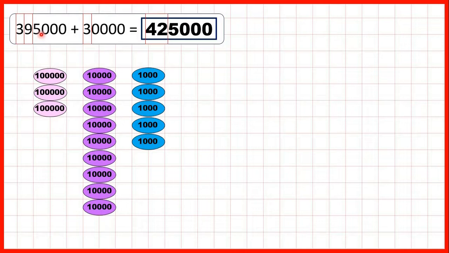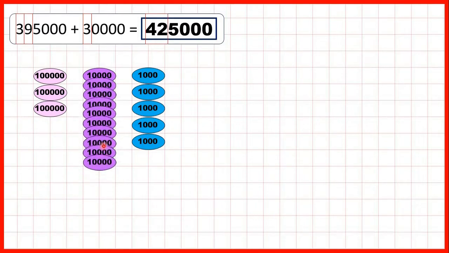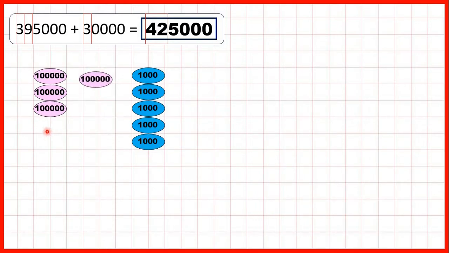Then we had 395,000, so that's 3 100,000s, 9 10,000s and 5 1,000s. We were adding 30,000, which is 3 10,000s. But if we add just one more 10,000, we now have 10 10,000s, so we need to exchange those for another 100,000 before adding 2 more 10,000s, so that we've added 3 10,000 counters altogether.